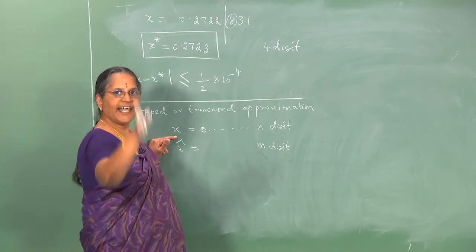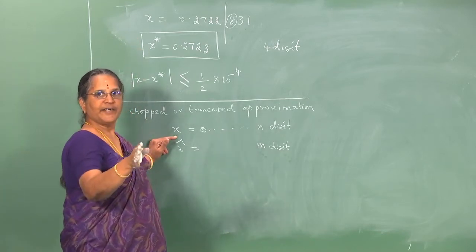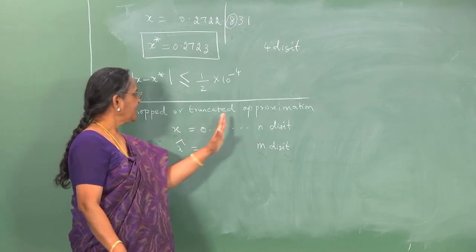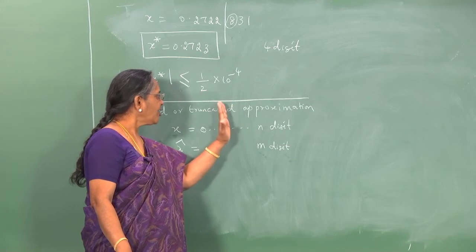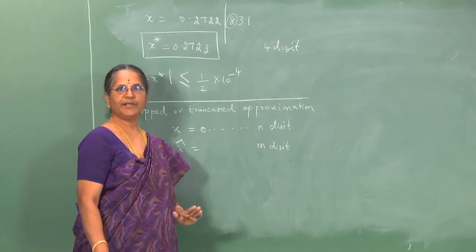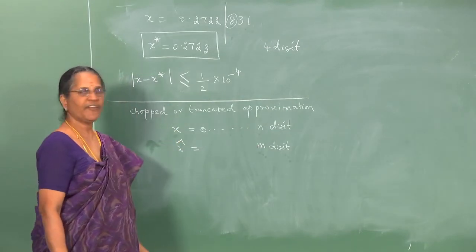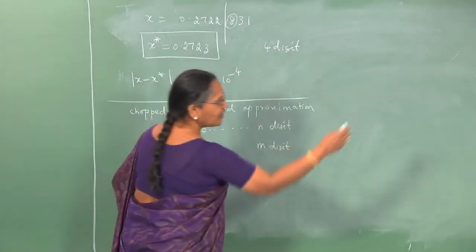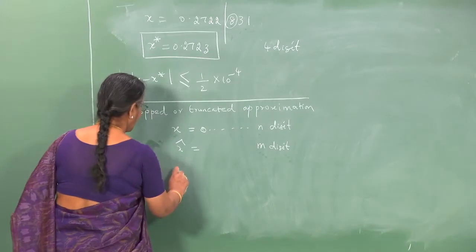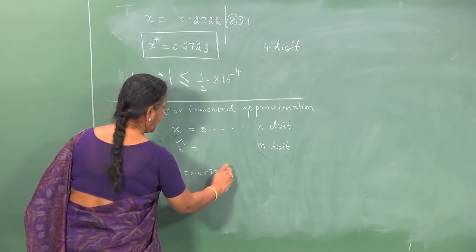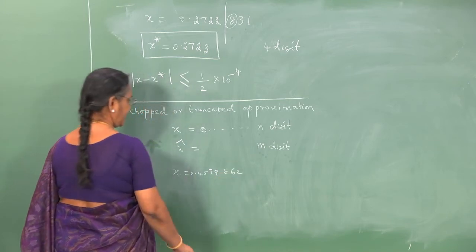You truncate or chop the digits in x and discard all the digits beyond the m digits in the n digit decimal representation of x. So, say x is equal to 0.4579862.